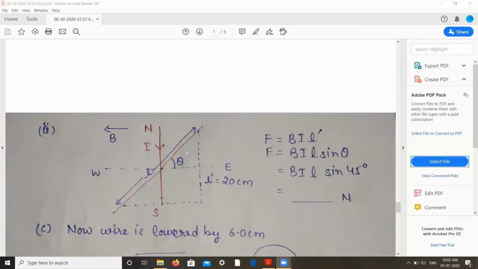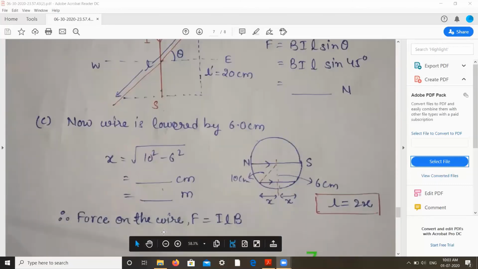Then F is for your thumb, M is for your forefinger, and C for your middle finger: force, magnetic field, and current. Or in a very simple way, it is father, mother, and child. So it's easy to remember using the specific letters we use for force, magnetic field, and current: FMC, father, mother, child, means thumb, forefinger, middle finger.